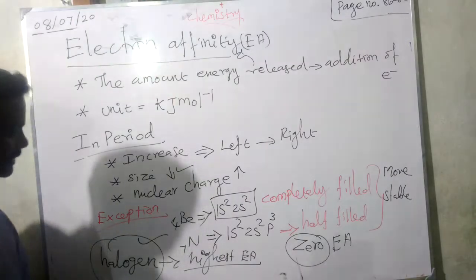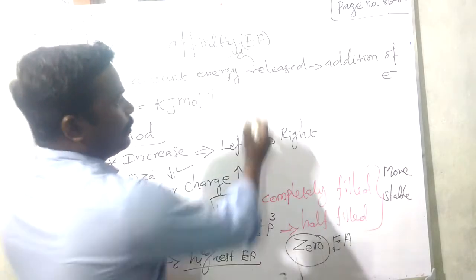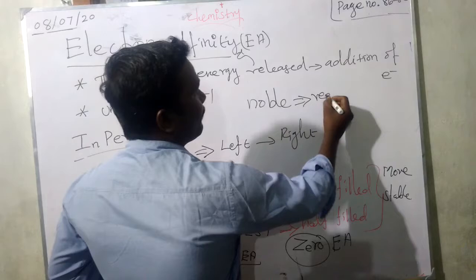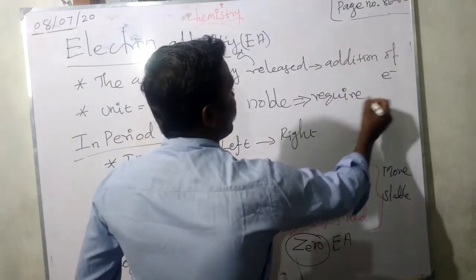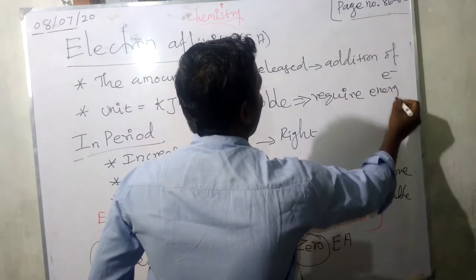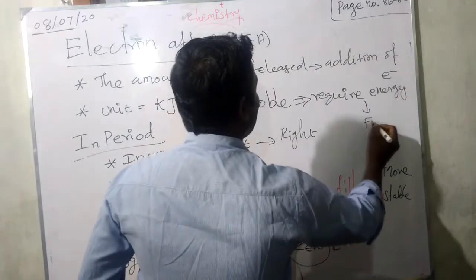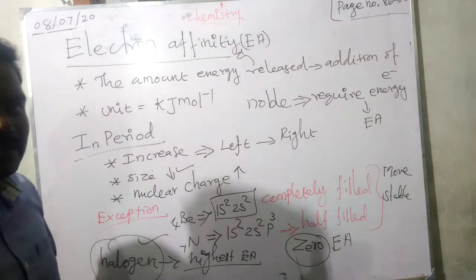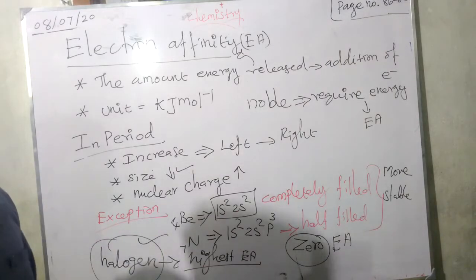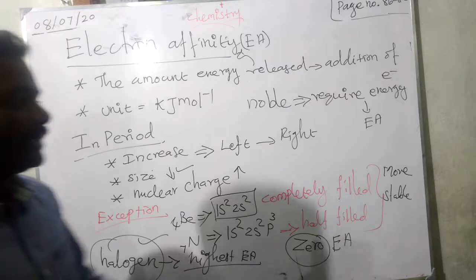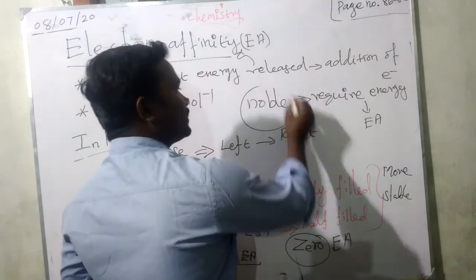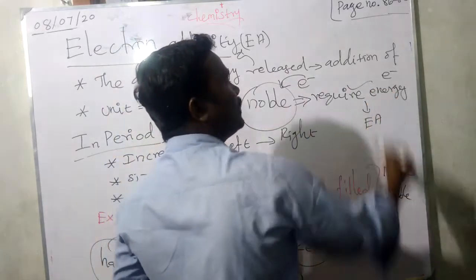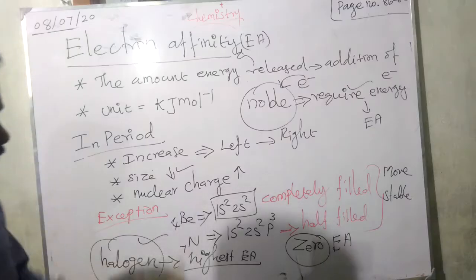So noble gases will require energy for electron affinity. Usually electron affinity means you release energy by adding an electron. But here in noble gases, if you try to add an electron, you have to give energy, right?